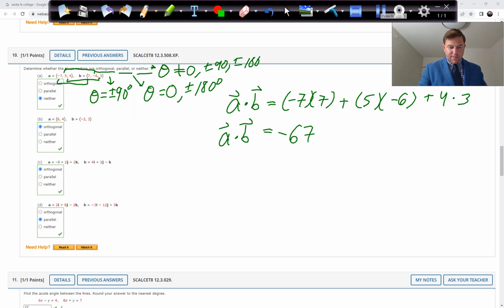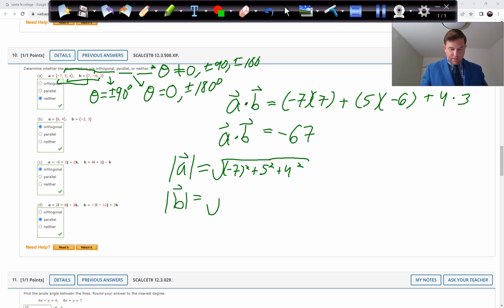negative 67. And then we'll find the magnitude of A, which is going to be the square root of negative 7 squared, plus 5 squared, plus 4 squared, and the magnitude of B, which is going to be the square root of 7 squared, plus negative 6 squared, plus 3 squared.